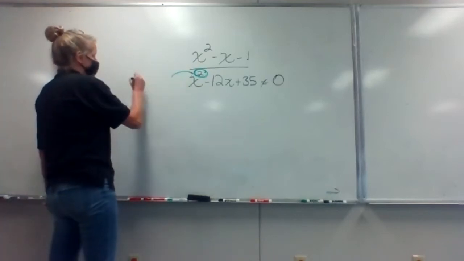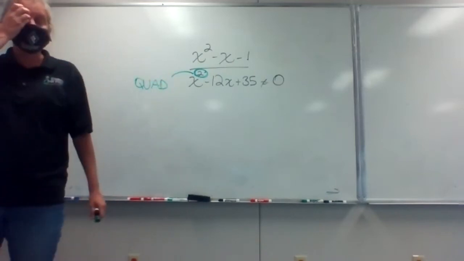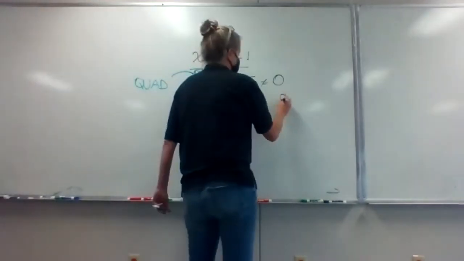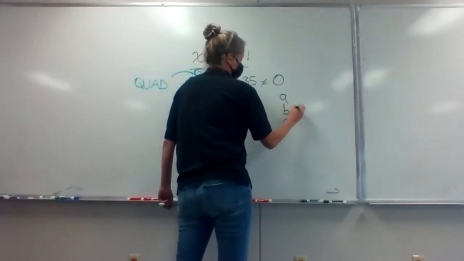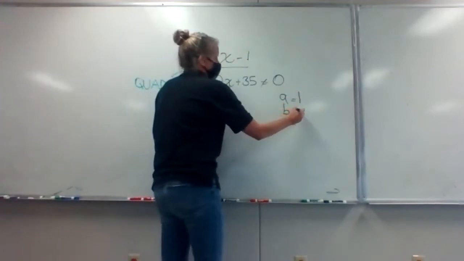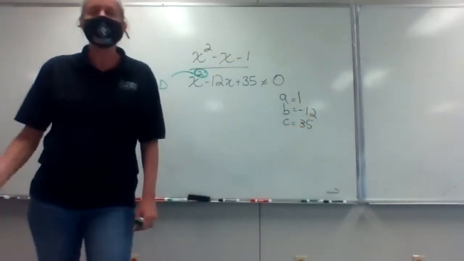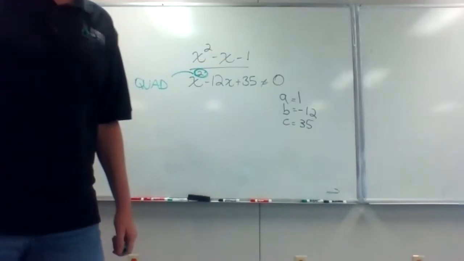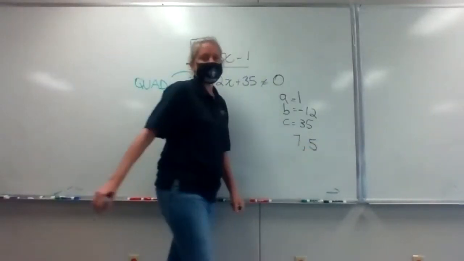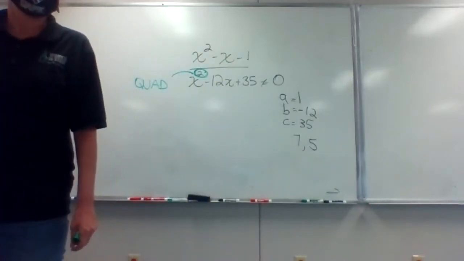So I can go straight to quad. Put in my A, B, and C. If I put in A is 1, B is negative 12, and C is 35. In my quad program in my calculator, what is it going to tell me? 7 and 5 are the values that x couldn't be.